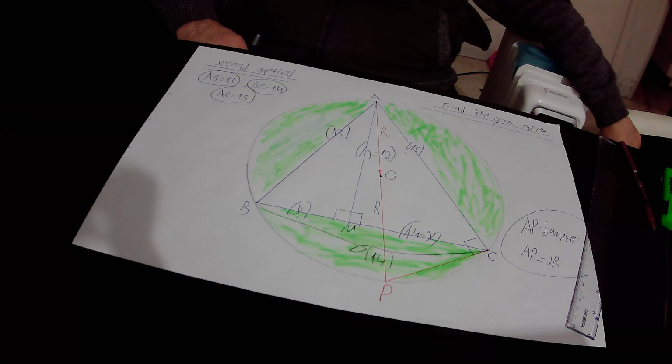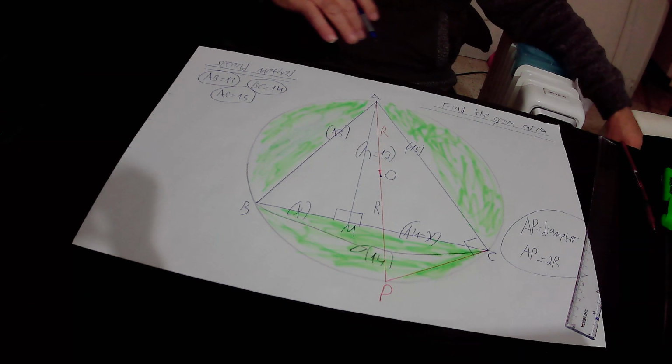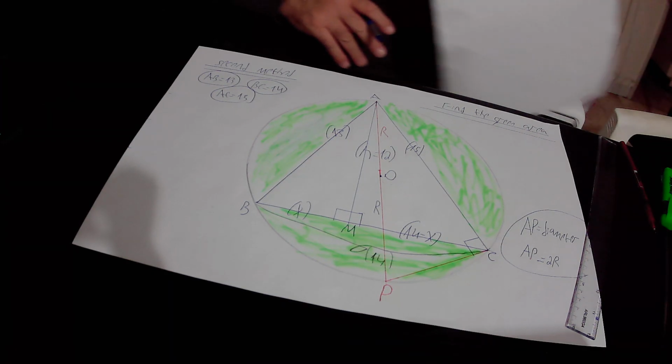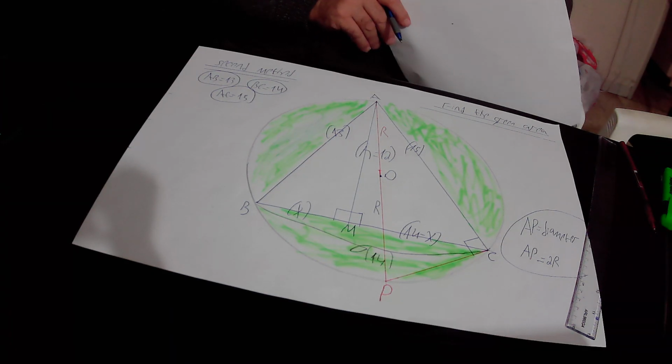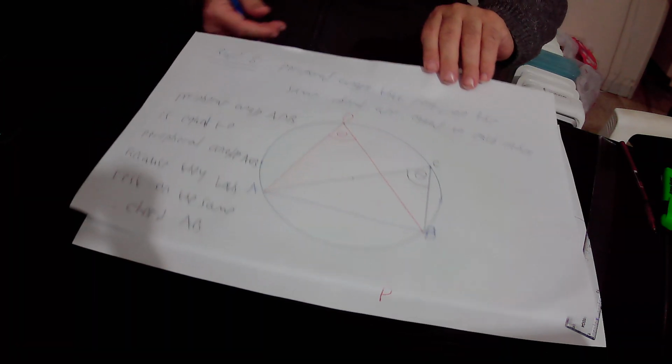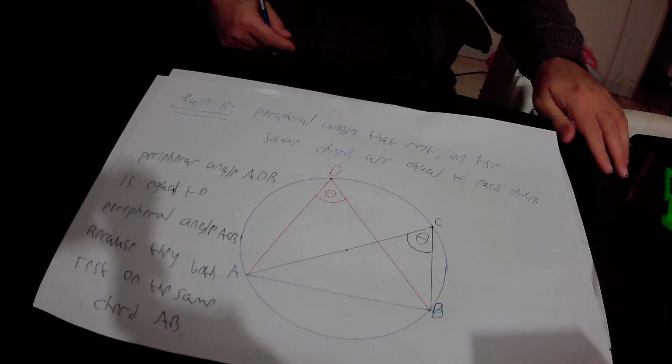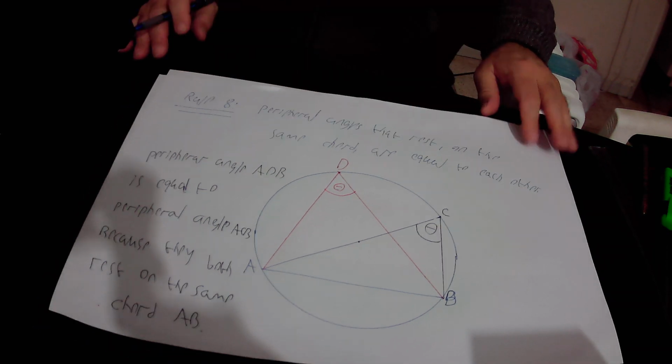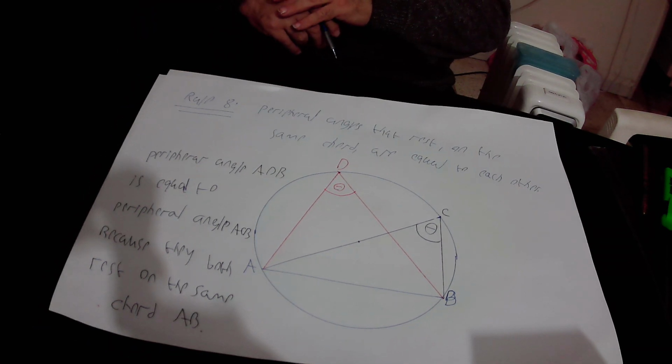We have also rule number 8 here that we can implement in our drawing. According to rule number 8, peripheral angles that rest on the same chord are equal to each other.